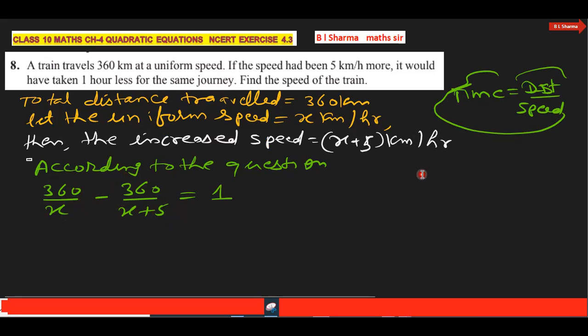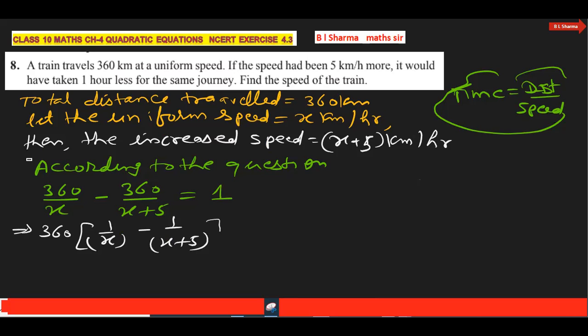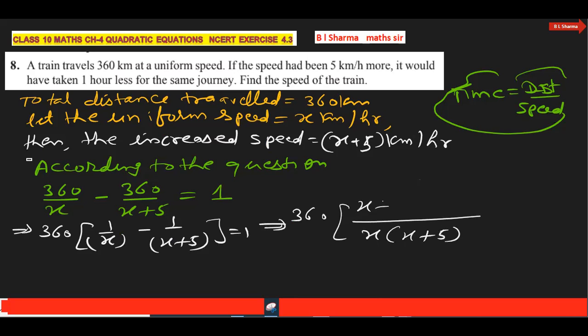Now we have to solve it. We have to convert it first into the quadratic form. So how to convert? First of all, take 360 common, so that is 1 upon x minus 1 upon x plus 5 equal to 1. Take LCM: x plus 5 minus x, that is 1.